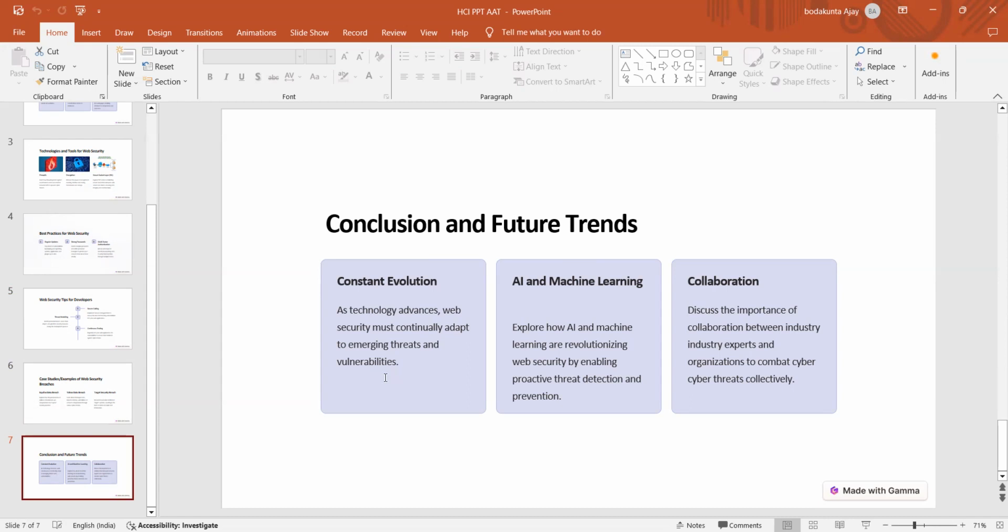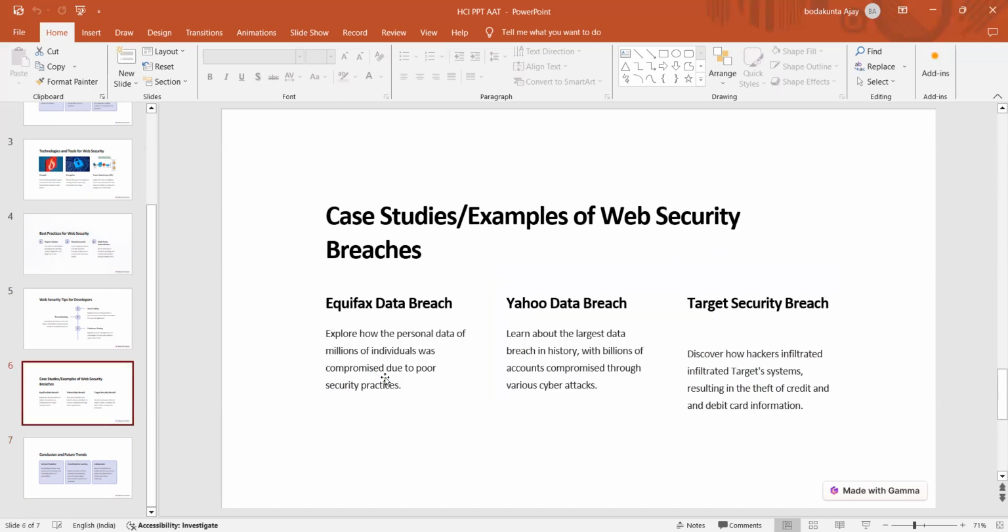The next one is collaboration. The importance of collaboration between industry experts and organizations to combat cyber threats collectively is also one of the future scopes. So these are some of the future scopes and trends of web security.